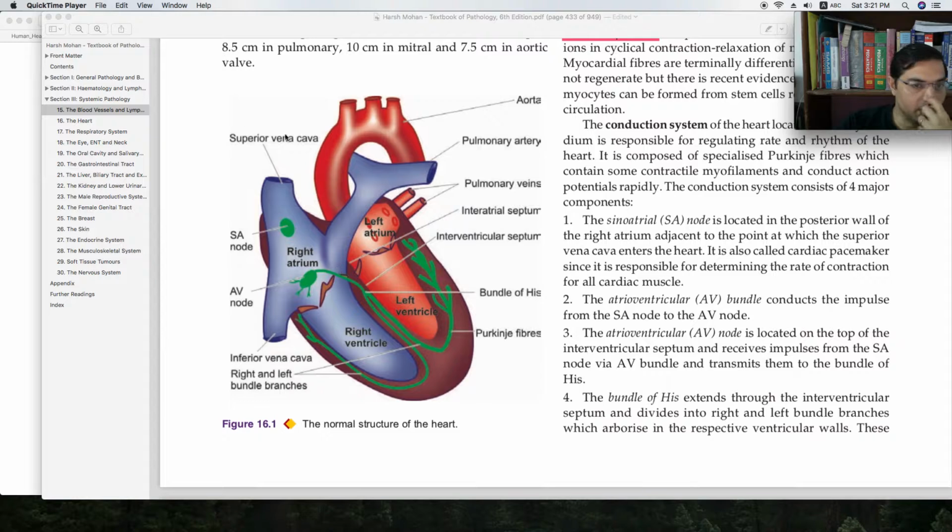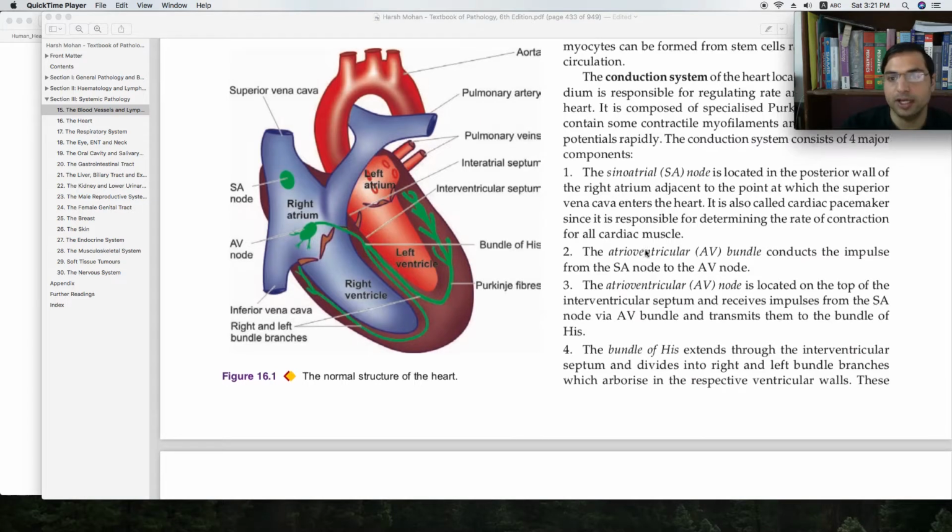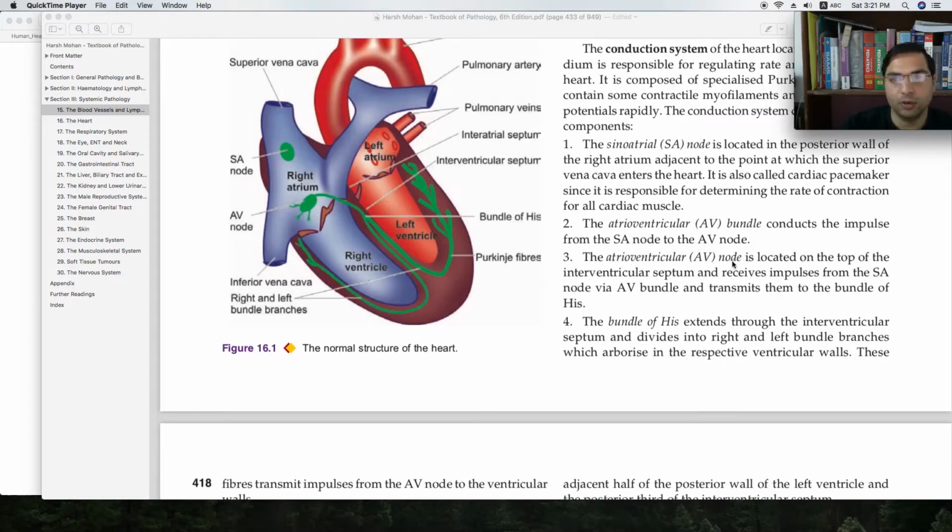So this is the SA node, and through three branches it connects to the AV node, the atrioventricular node, which is located at the top of the interventricular septum, between the two ventricles.